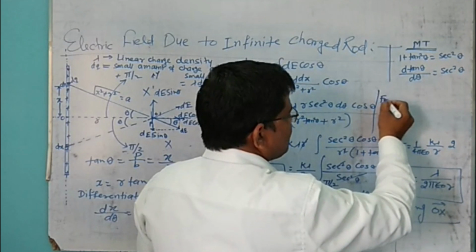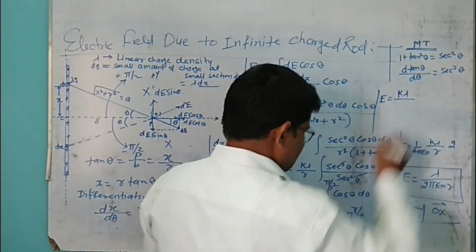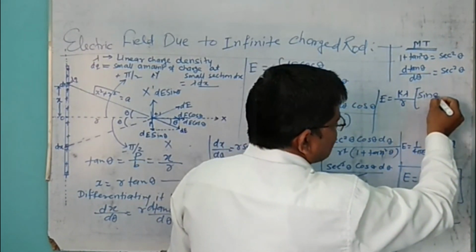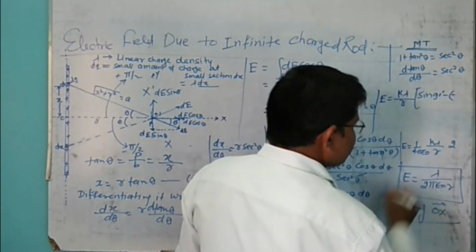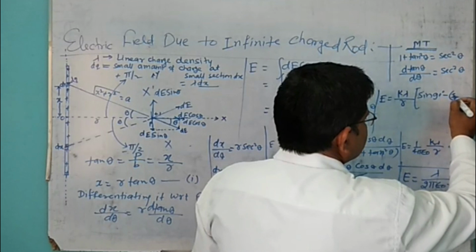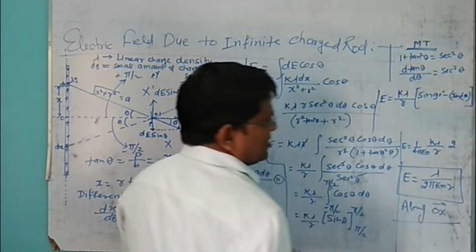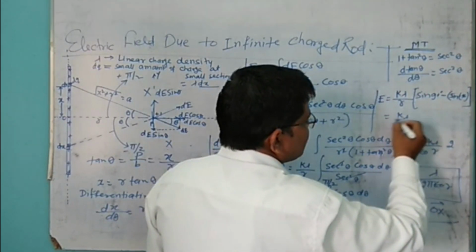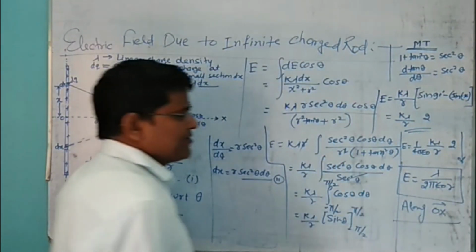E is equal to k lambda by r, then the upper limit is sin 90 degree and the lower limit is sin minus 90 degree, and sin minus 90 is minus sin 90, then it becomes 2, and that's okay.